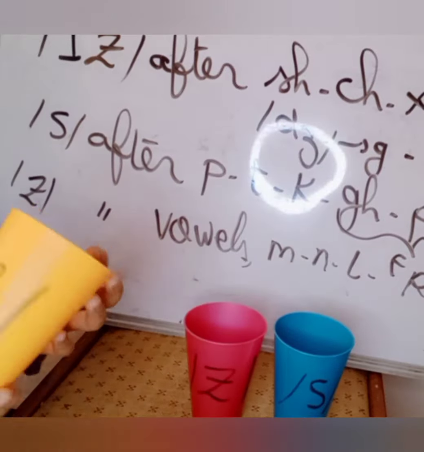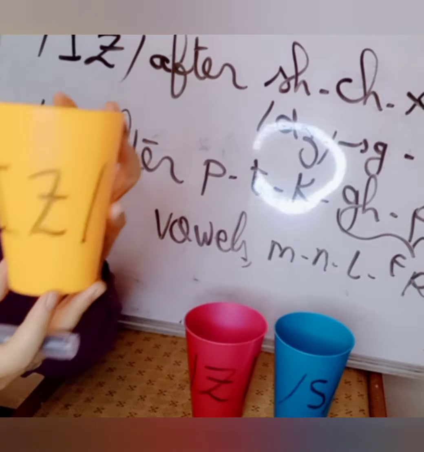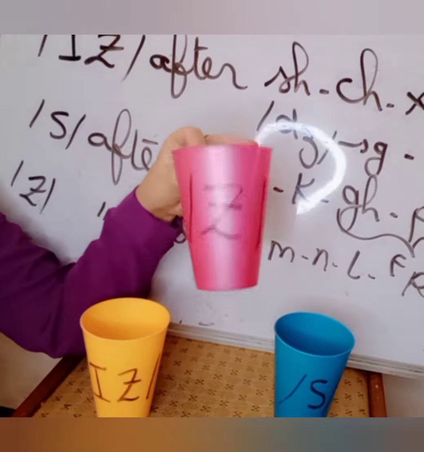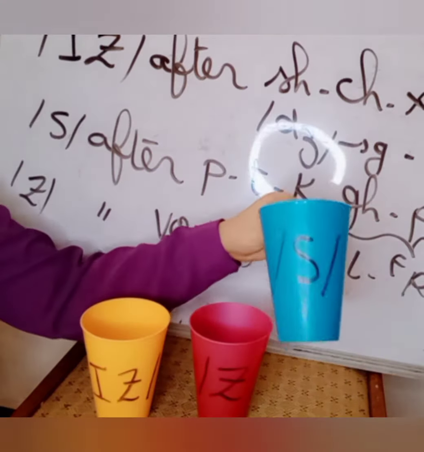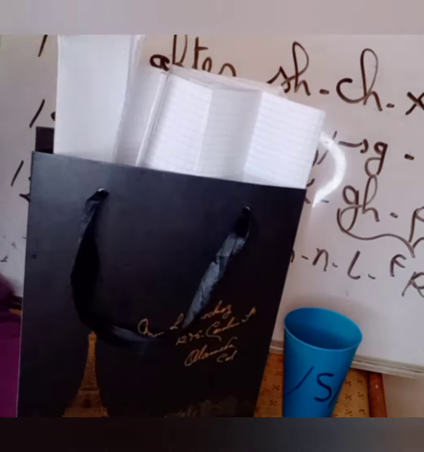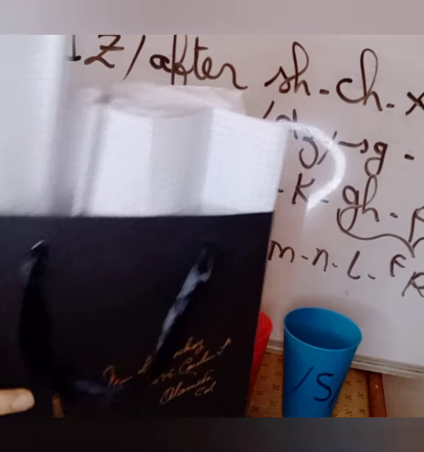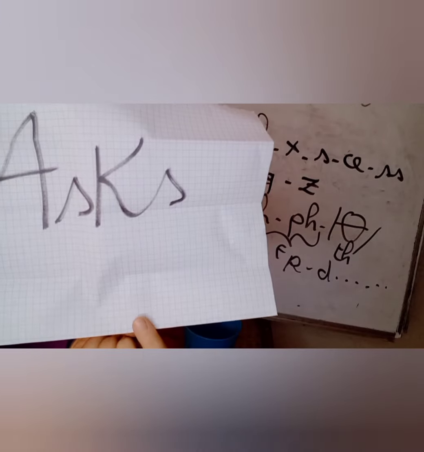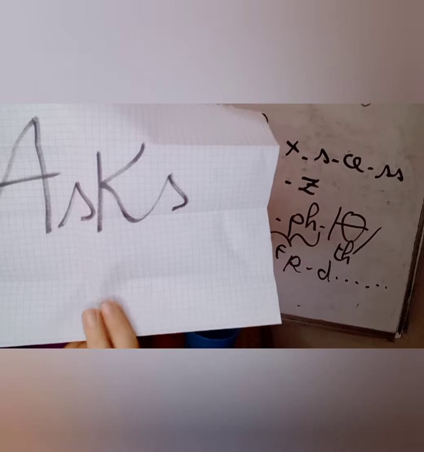Here I have a kind of exercise or practice. You have in this cup "iz", in this cup you have Z, and here you have S. I have a list of words here. Choosing one of them, for example, asks. How do you pronounce it?